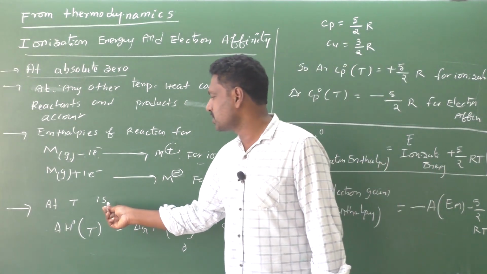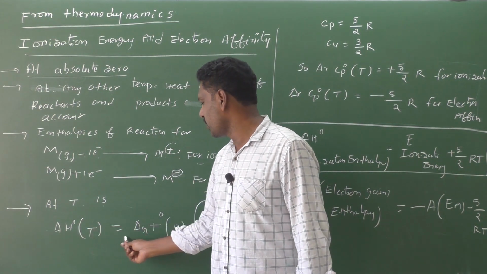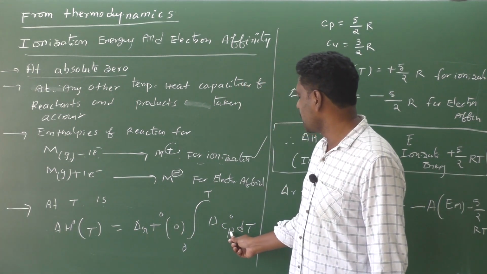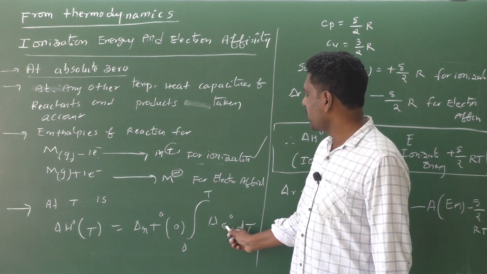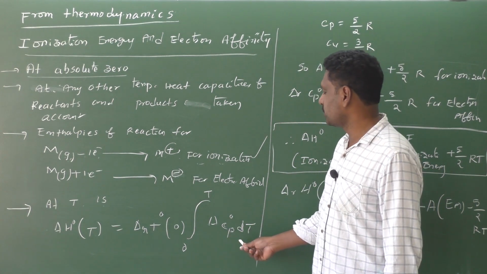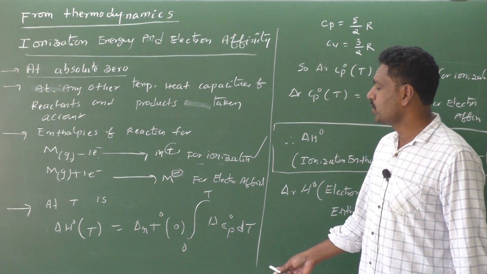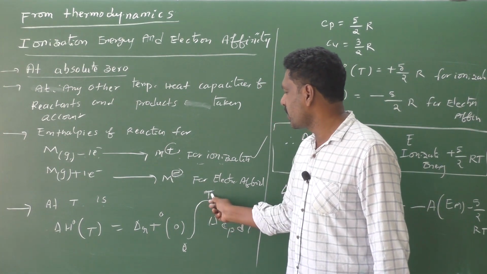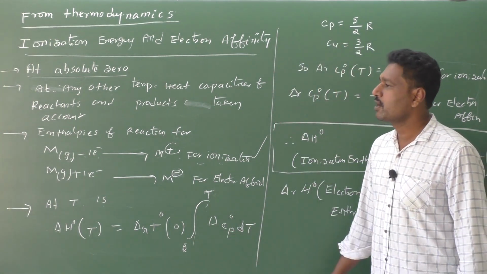At temperature T, delta H naught T equals delta H naught plus the integral of Cp dT, where Cp is the heat capacity at constant pressure, from absolute zero to temperature T. This is the integration equation we derived.